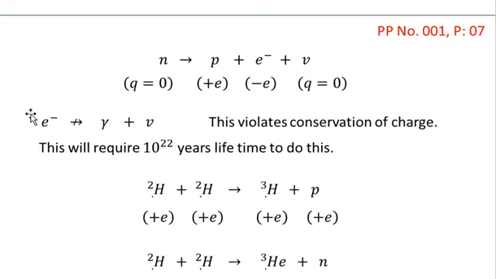On the left hand side you have a charged particle, and on the right hand side you have neutral particles, gamma and neutrino. This could be possible, but it would require 10 to the power 22 years of lifetime, which is almost insignificant and may be regarded as impossible.